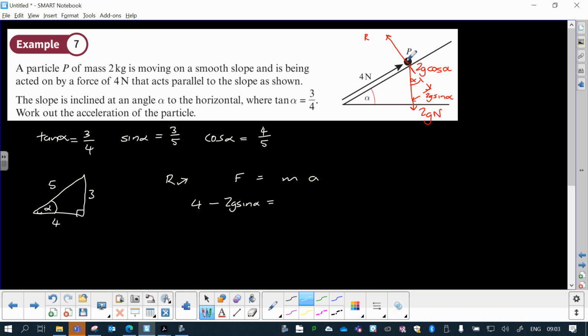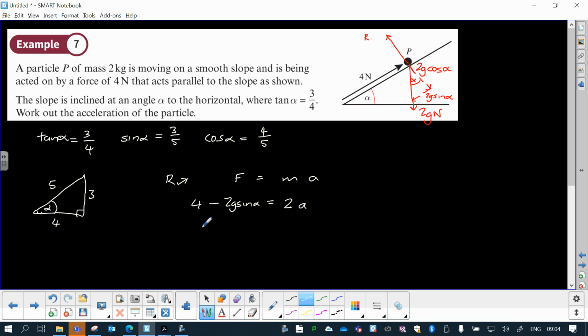The force is actually acting on the particle, trying to push it down the plane. So we've got 4 minus 2g sine theta. Are there any other forces there that I've missed out? Can't see any. Equals mass times acceleration. The mass is 2, and the acceleration is what we're being asked to work out.